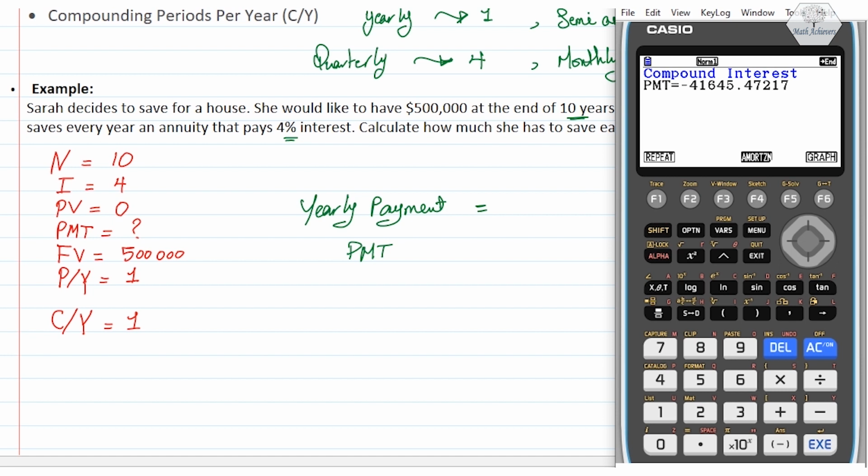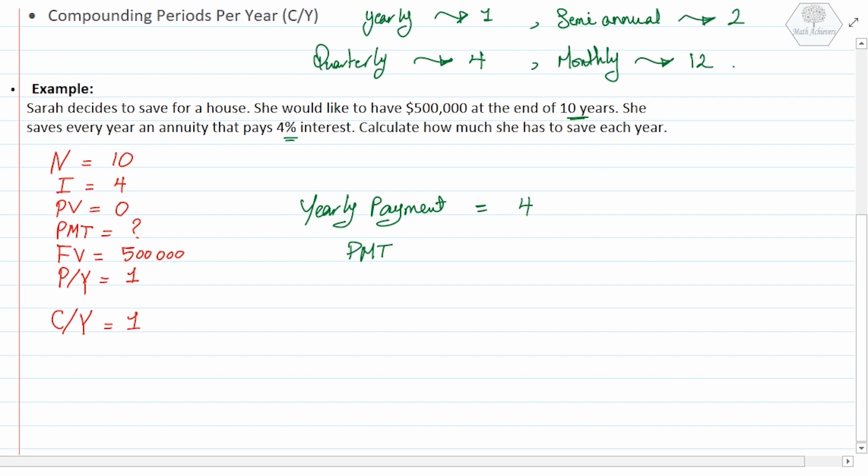So the payment is 41,645 US dollars each year. I hope it's clear.